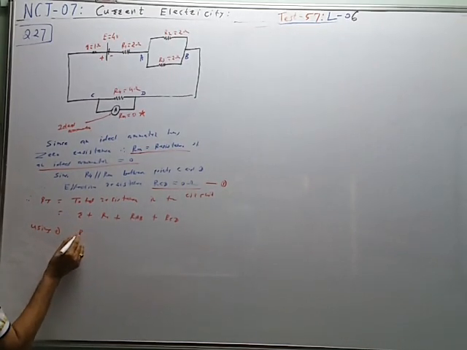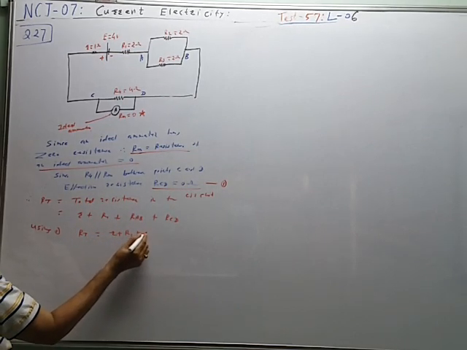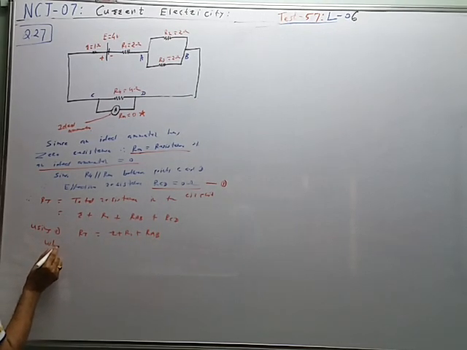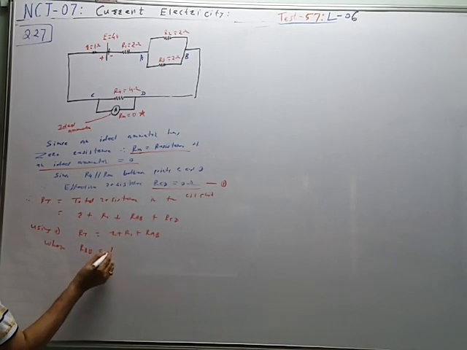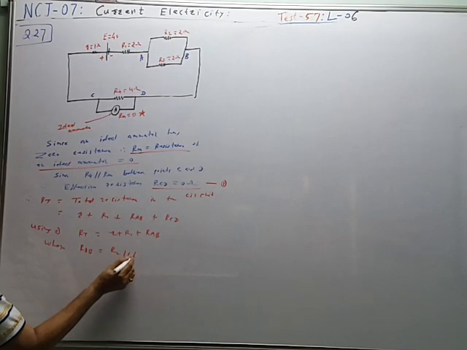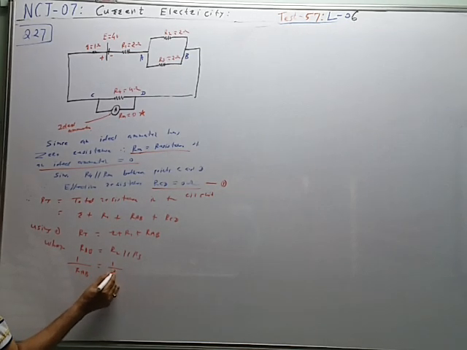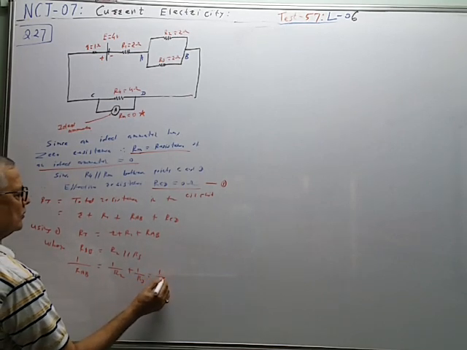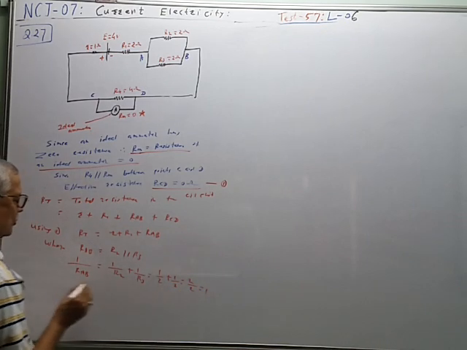Using 1, RT is equal to r plus R1 plus RAB, where RAB is equal to R2 parallel R3. So 1 upon RAB is equal to 1 upon R2 plus 1 upon R3, that is equal to 1 upon 2 plus 1 upon 2, that is equal to 2 upon 2, that is equal to 1.